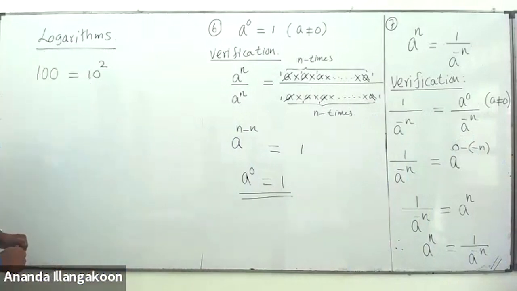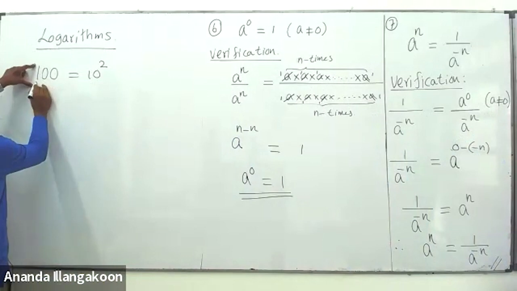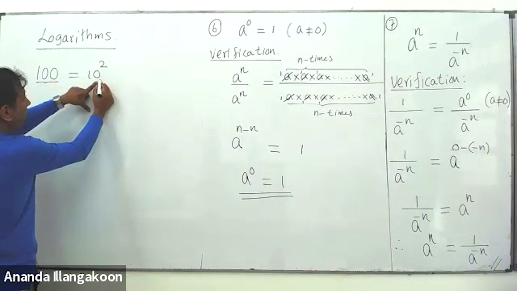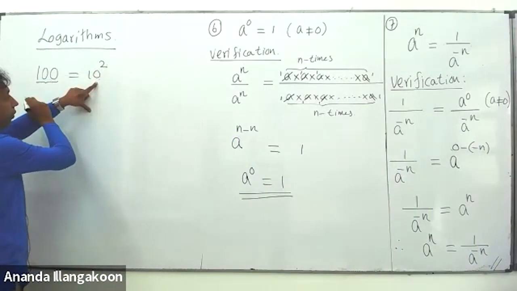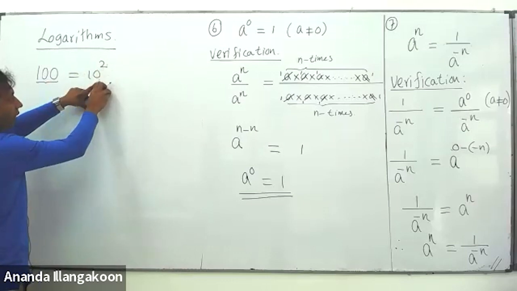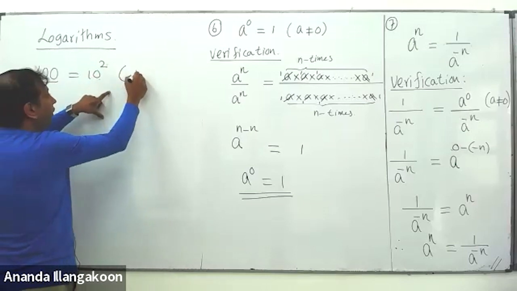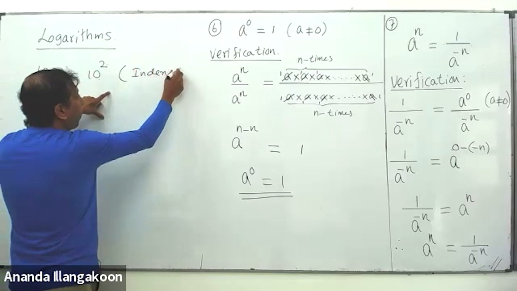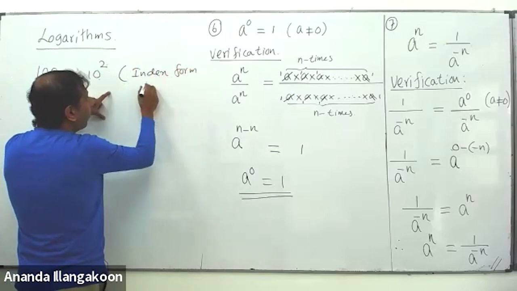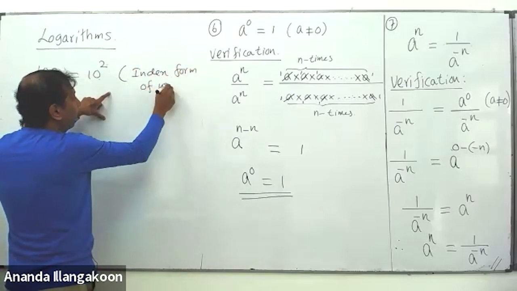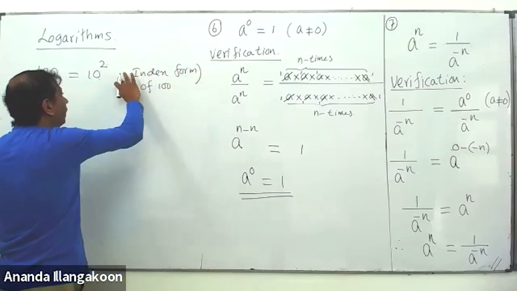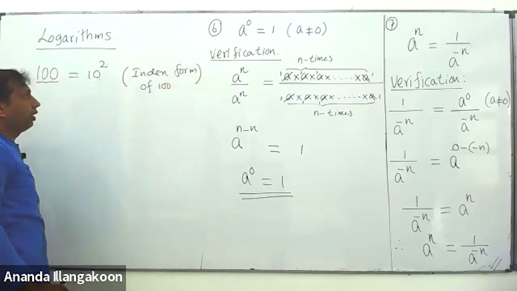So now this 100 has been expressed as a power of a number, as an index of a number, in other words. This form of expressing 100 is called the index form. Index form of 100.